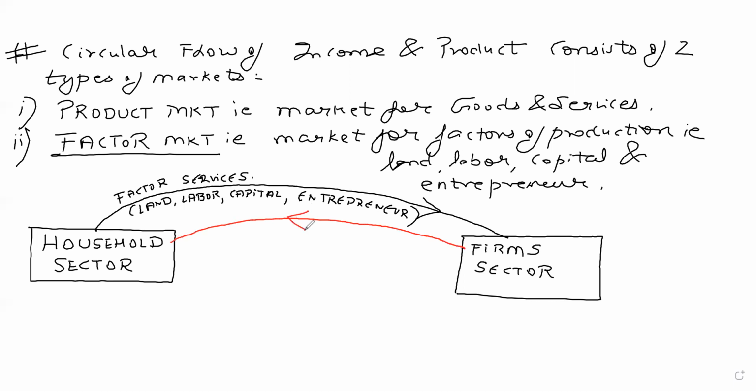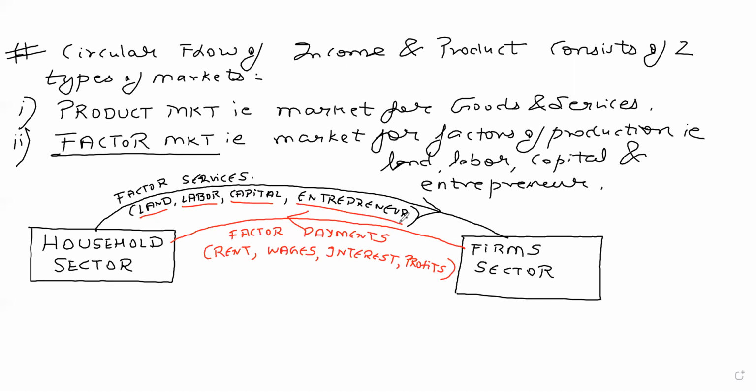Firms are making the factor payments to the households in the form of rent paid to land, wages paid to labor, interest paid on capital, and profits paid to the entrepreneur.